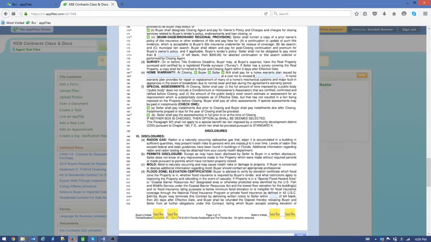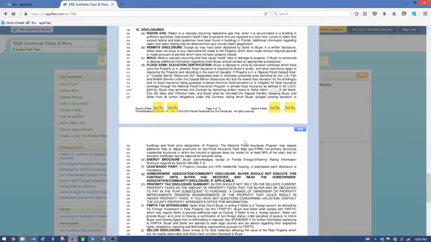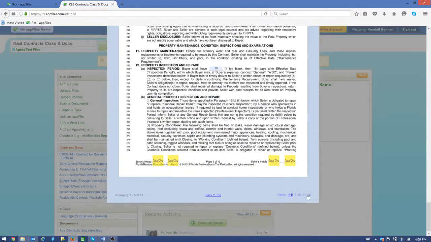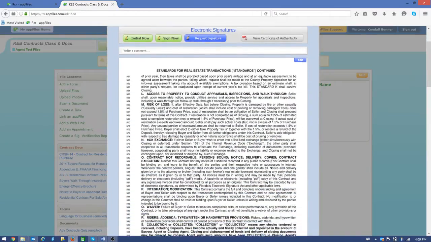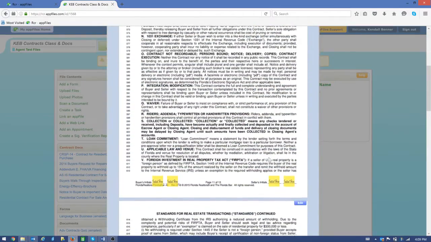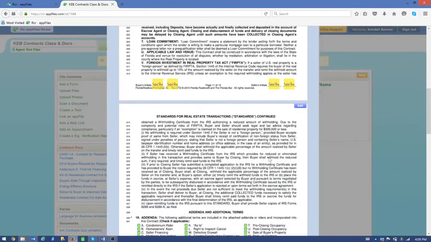And then lastly, I want to tie this all together for you guys in the additional terms section. I want you to notice there is no paragraph 18X. It ends at V, right?